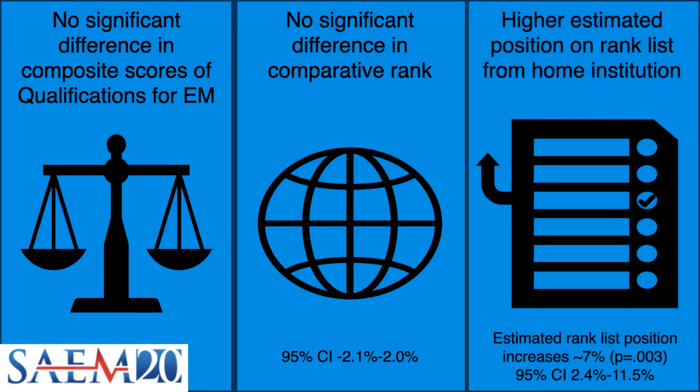Now, when we look at that estimated rank list placement, there's a little bit of cause for excitement. We found, on average, students get about a 7% increase in that estimated rank list position from their home institution. Now that sounds really great to me. I would love to bump up 7% of spots on a rank list. But we also need to be a little careful here.